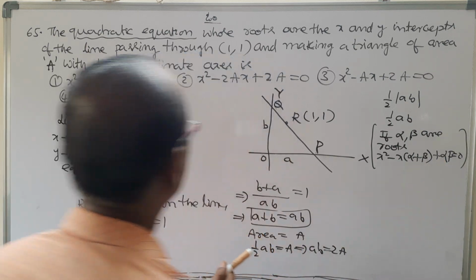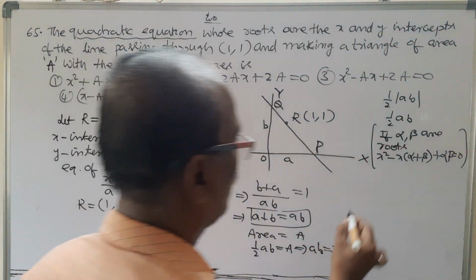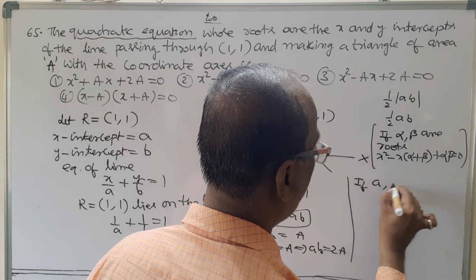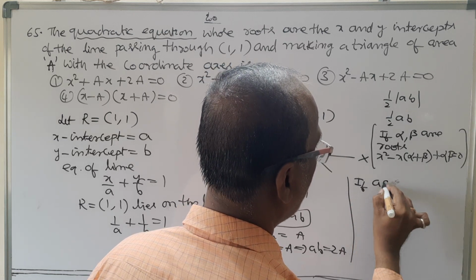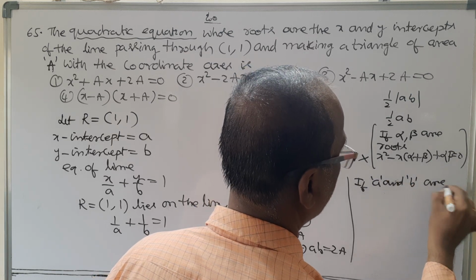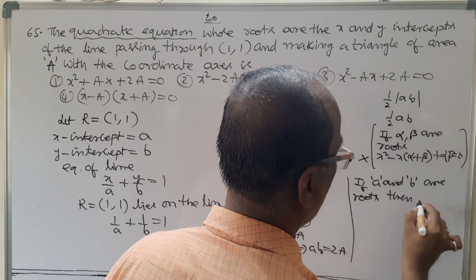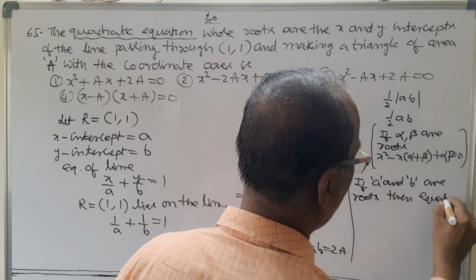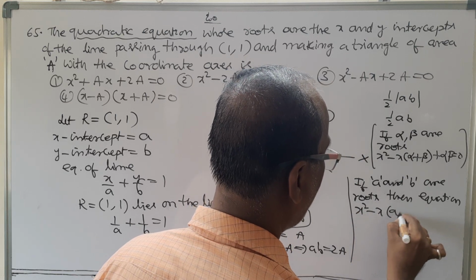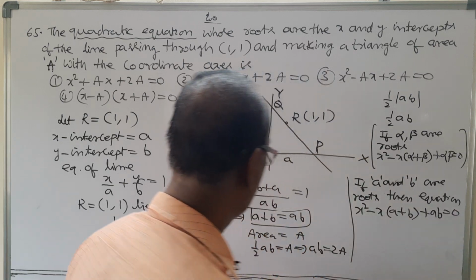If small a and b are roots, then the quadratic equation is x square minus x into a plus b plus ab equal to 0.